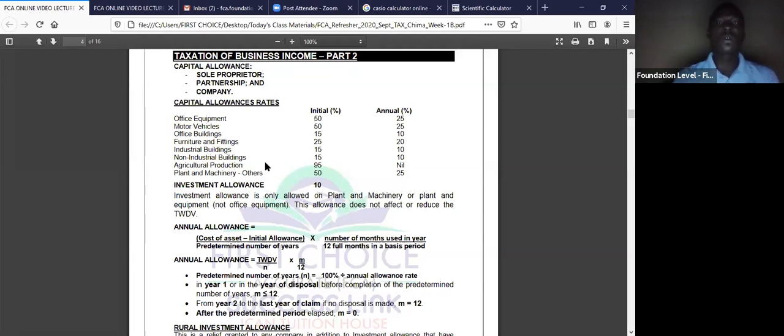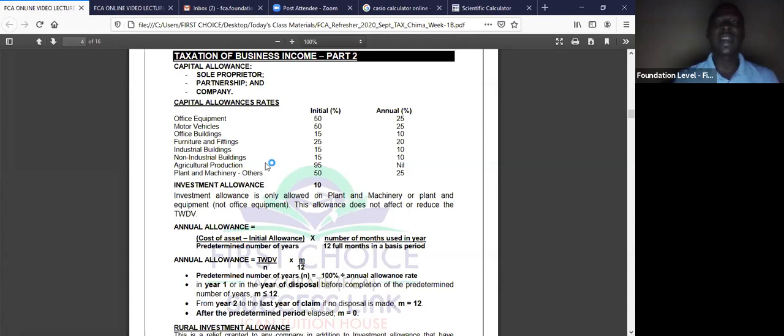Now, when you have finished claiming all your capital allowances, let's say the whole 4 years, and now maybe you're in the 5th year, in the 6th year, then you find out that your capital allowances will give you 0 because you're not allowed to claim any capital allowance after the capital allowances have been exhausted.